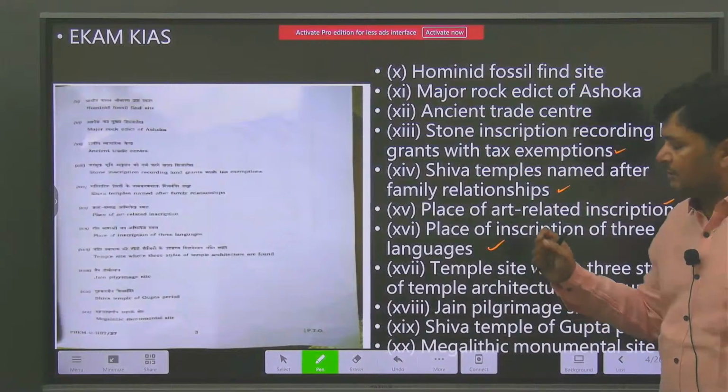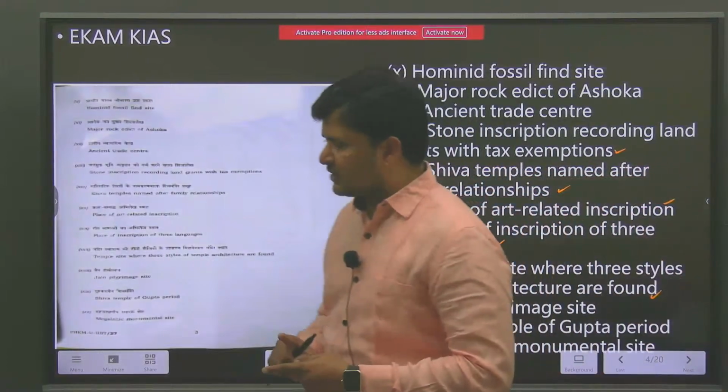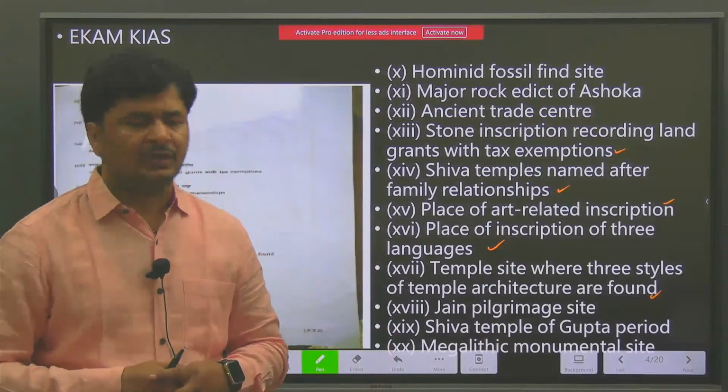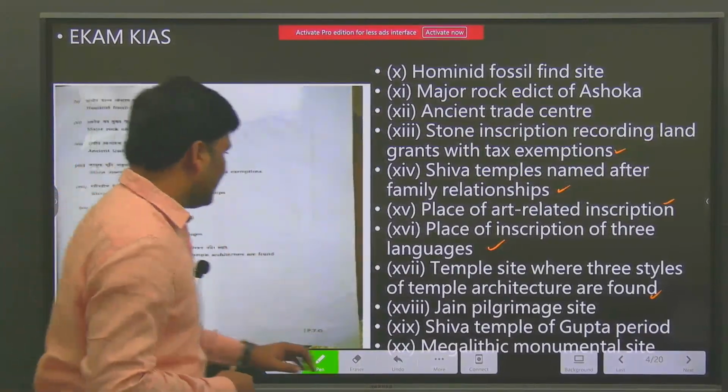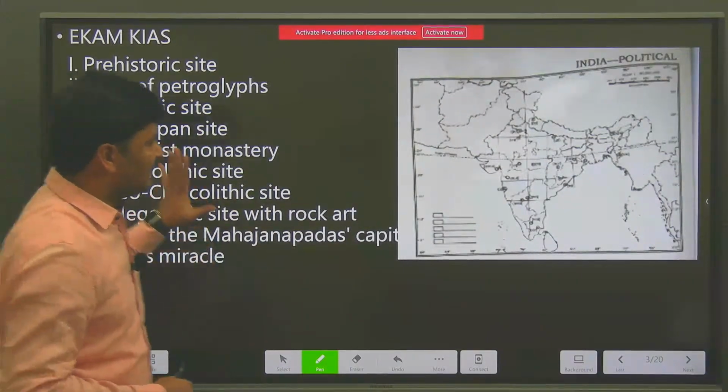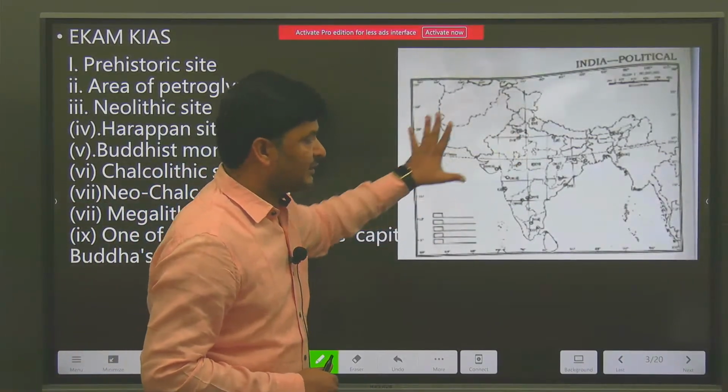Let me tell you, the first question of section A is where you can get full marks. On one hand, you come across the names of these sites, and on the other hand, you also come across their locations.